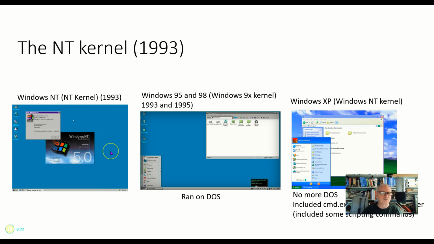It was designed more for server use, and it was the first one to have the NT kernel. And actually, this was put out in 93, and you'll notice that 95 and 98, this should have said 95 there, in 95 and 98, we were still producing the 9X kernel. We were not yet doing the user versions. And then when Windows XP came out, finally we just switched entirely over to Windows NT.